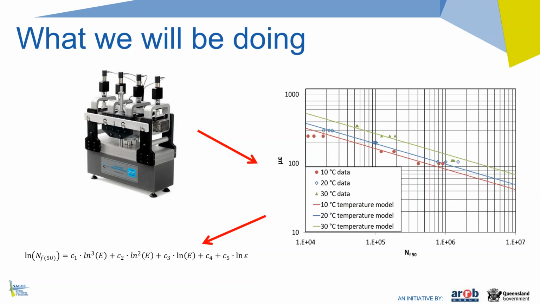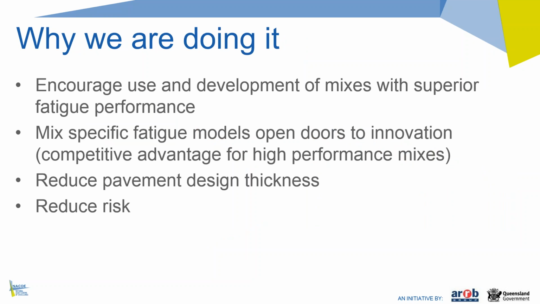That's exactly the same as what Shell did in the 1970s, fitting a fatigue model against the data from those 12 mixes. We'll just be doing it for a single mix every time. So that's how you come up with a mix-specific fatigue relationship for mixes. And why would we want to go through all that effort?